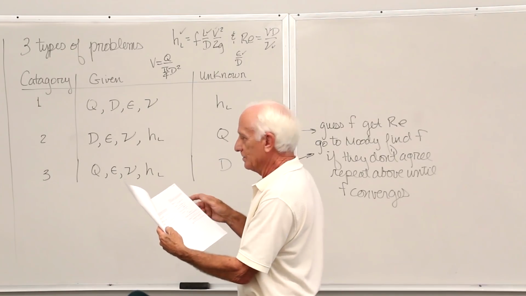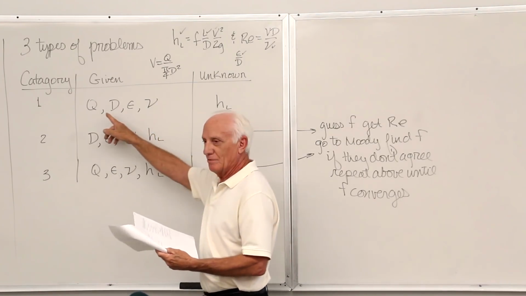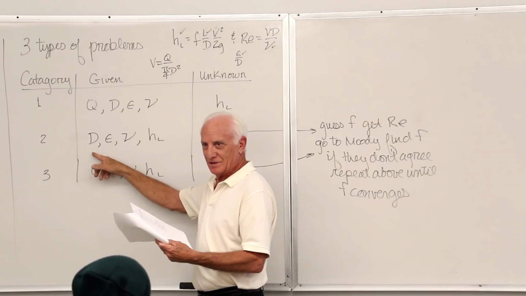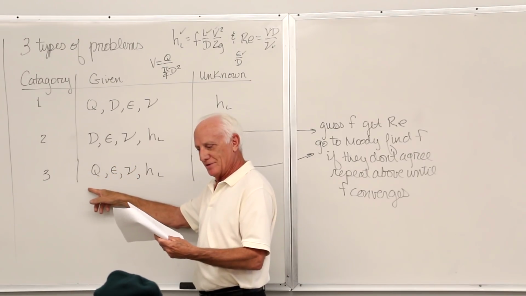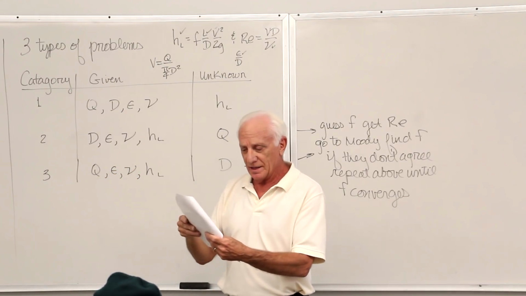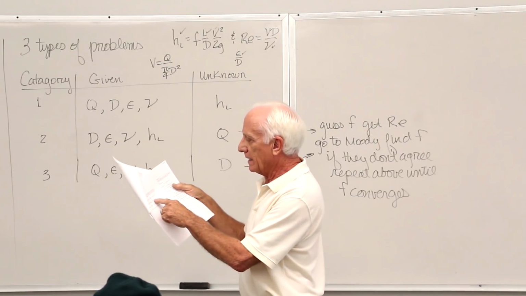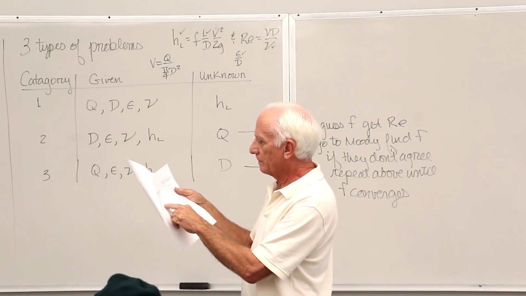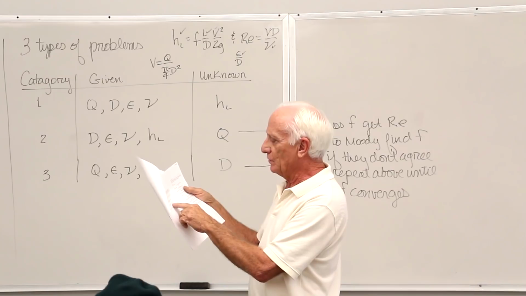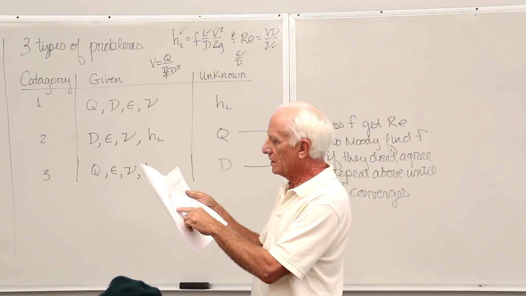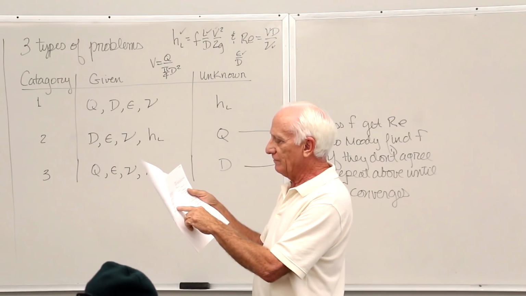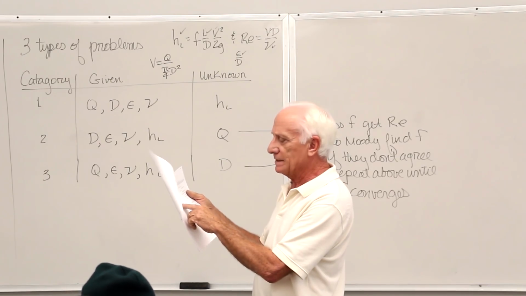So you've got 3 equations. One equation works for category 1, one works for category 2, one works for category 3, and it tells you when they work. Category 3 problem: E over D must be between 1 times 10 to the minus 6 and 1 times 10 to the minus 2. Reynolds number must be between 5 times 10 to the 3 and 3 times 10 to the 8.